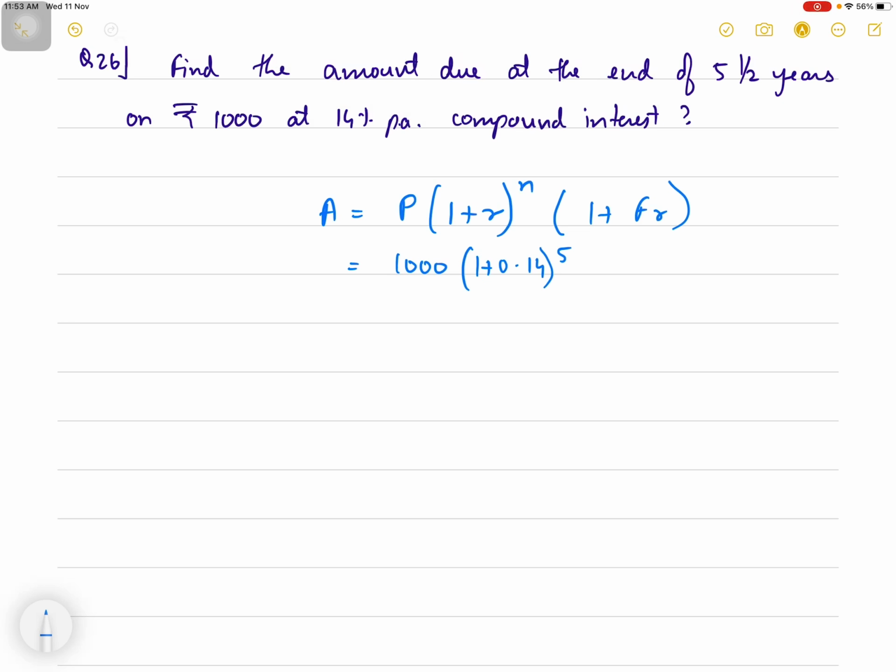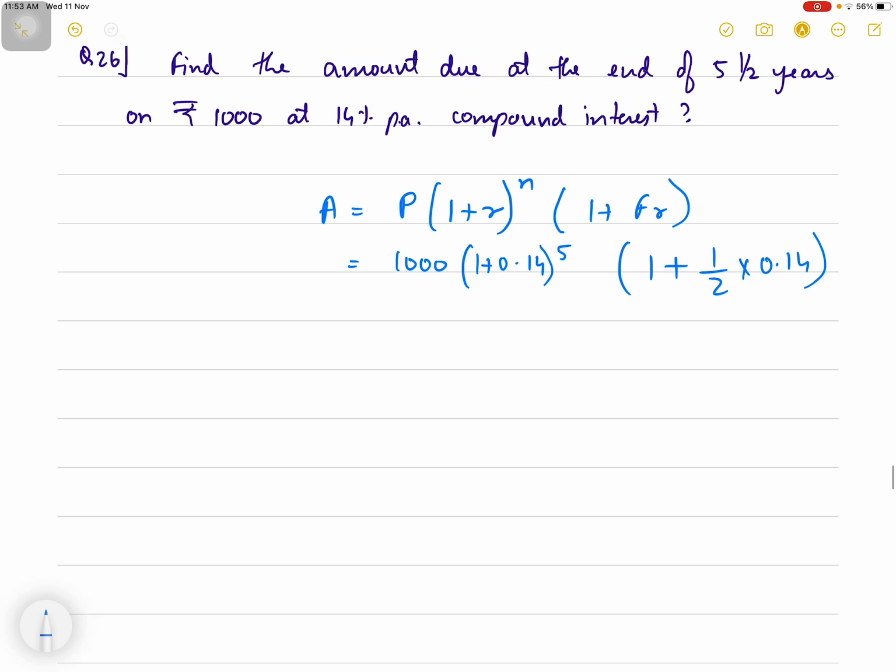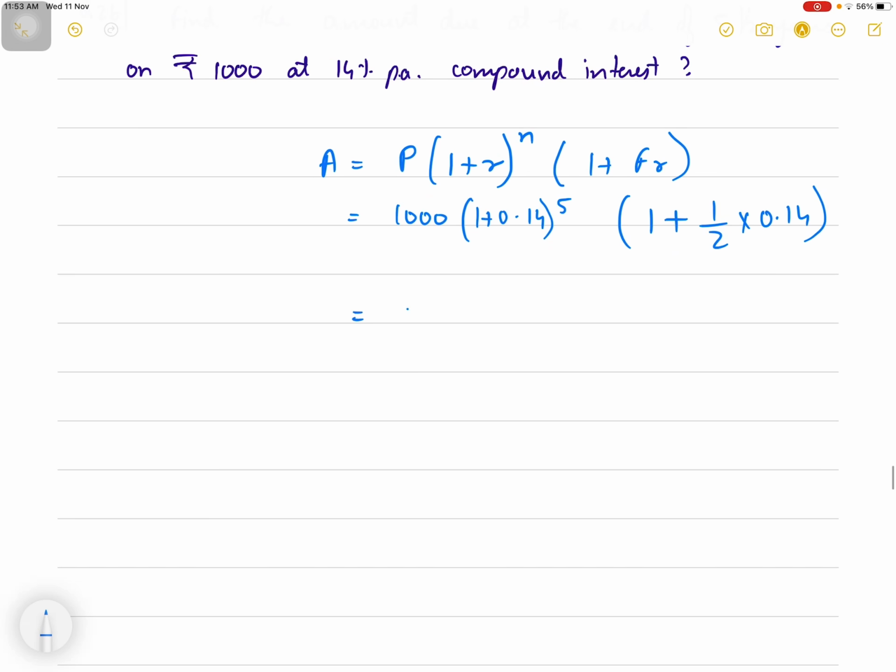Correct? N is 5 years and half. So full 5 years and half a year. So 1 plus F. F is half a year. That means 6 months. You can write 1 by 2 or you can write 6 by 12, it's one and the same thing. 1 by 2 multiplied by 0.14.